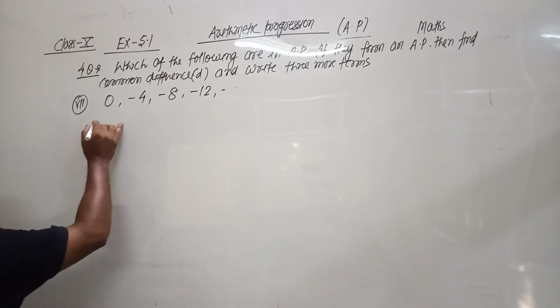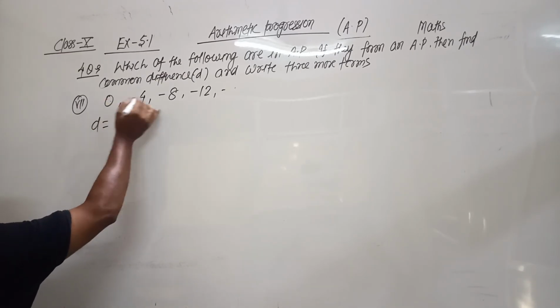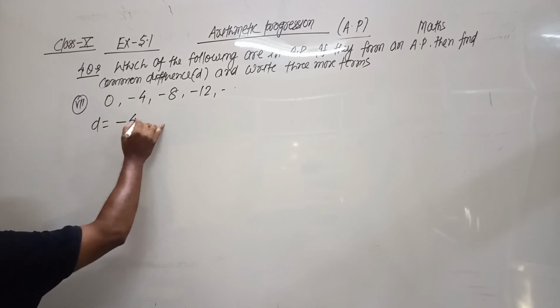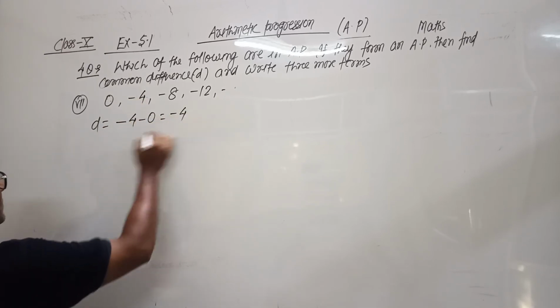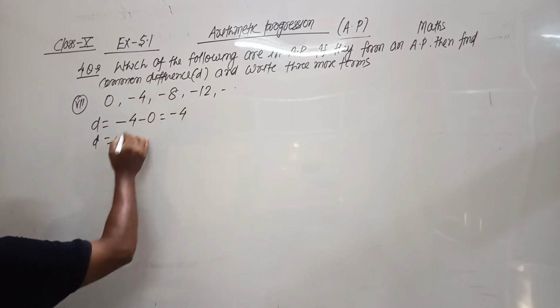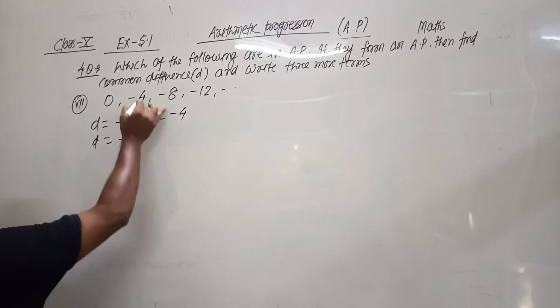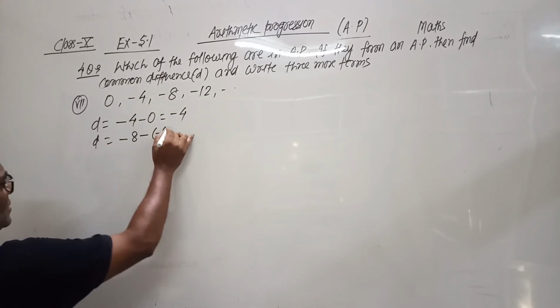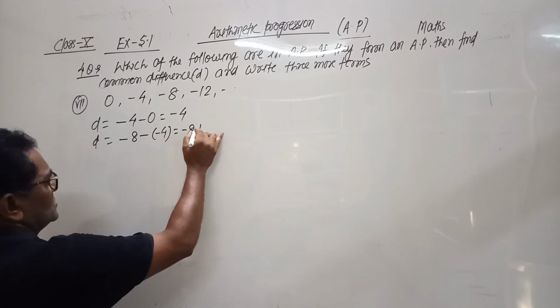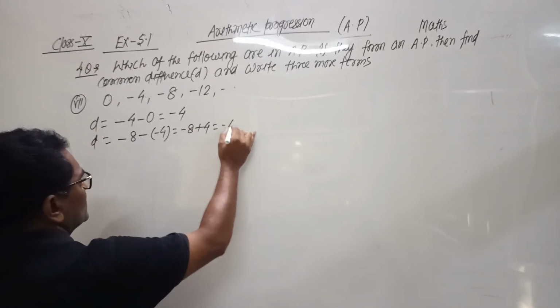So we calculate the common difference. First subtracted from second: minus 4 minus 0, minus 4. Again minus 8 minus minus 4, so minus 8 plus 4, which is minus 4.